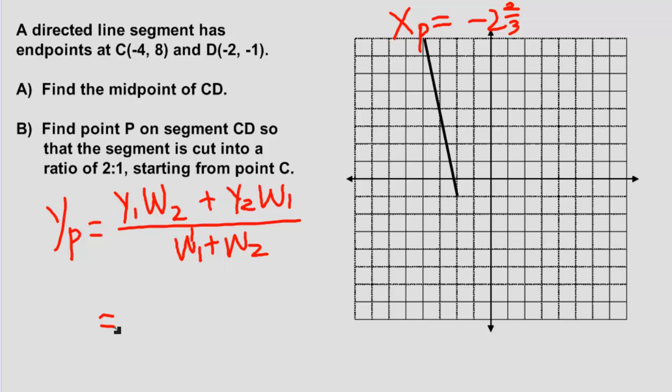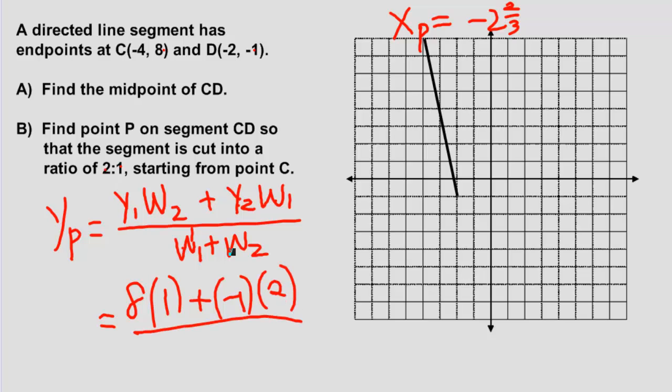So for us, the first y value is 8. The second weight is 1. The second y value is negative 1. And the first weight is 2. The sum of the weights, again, is 2 plus 1, which is 3.